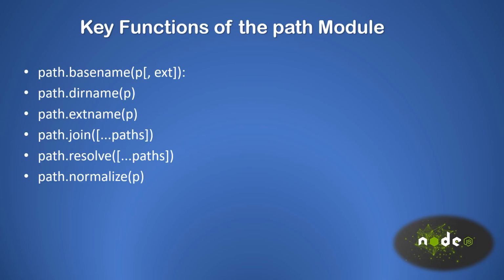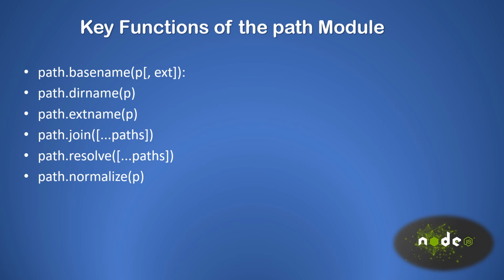Now let's see what key functions are available with the path module. This is just a high-level list of functions. For example, basename returns the last portion of a path. We have dirname, which returns the directory name of the path. Extname gives the extension of the file.